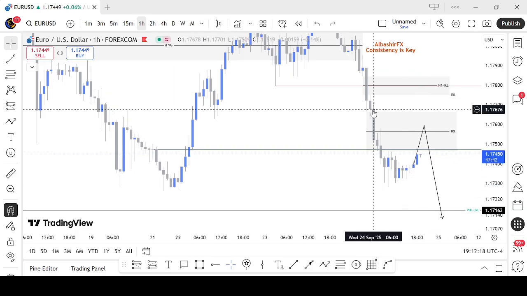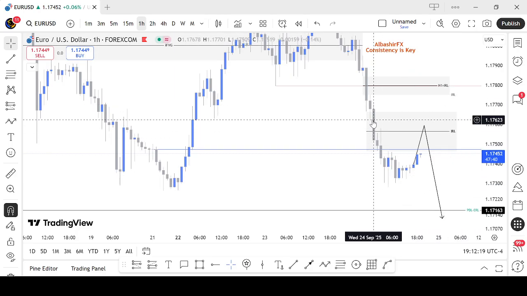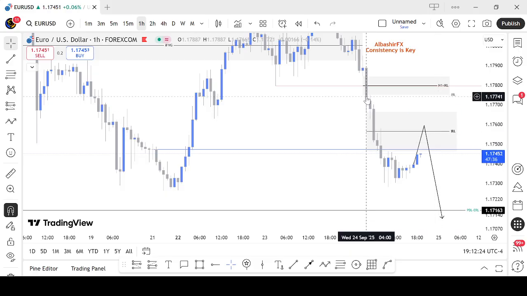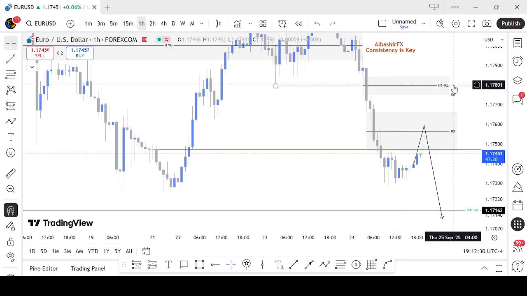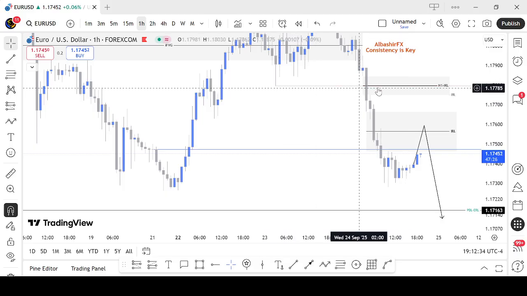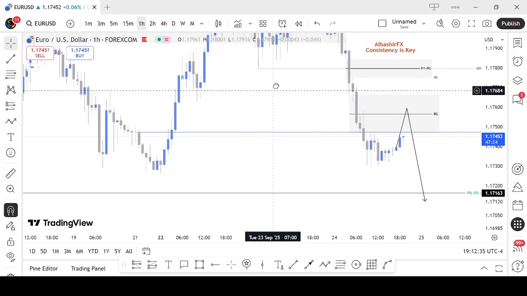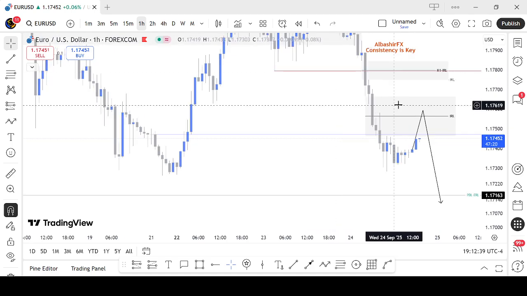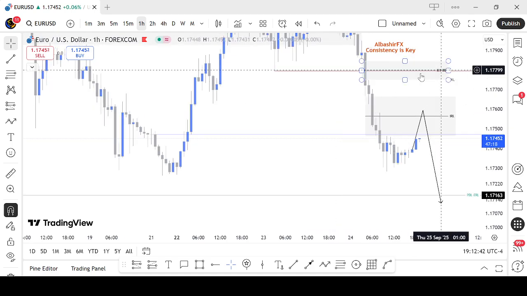So on the hourly time frame, this is our internal range liquidity, and also on the daily time frame we have our 1 hour fair value gap, which has not been tapped. The 1 hour internal range liquidity has not been tapped, and we also have our market structure shift here at the 50% of that 1 hour, which is another major reason we should not expect price to go to this level.